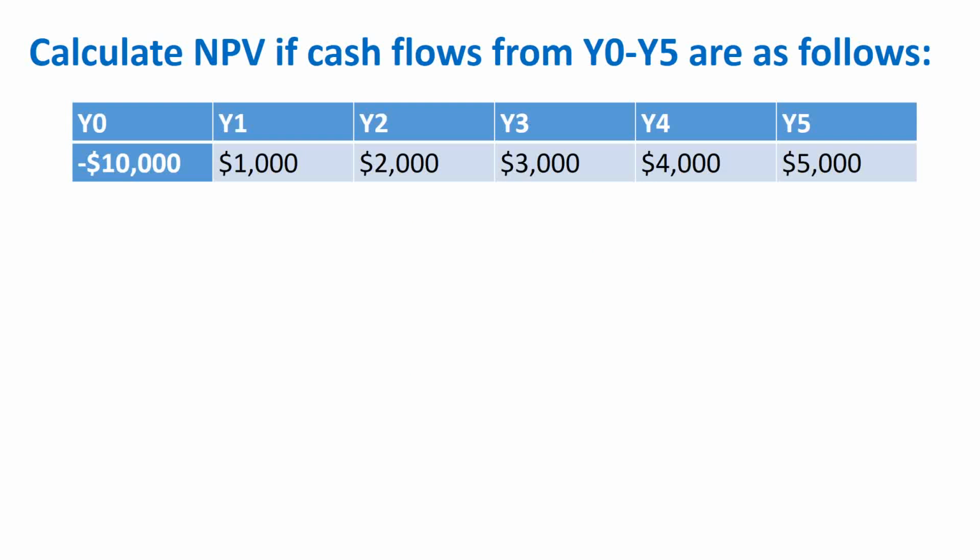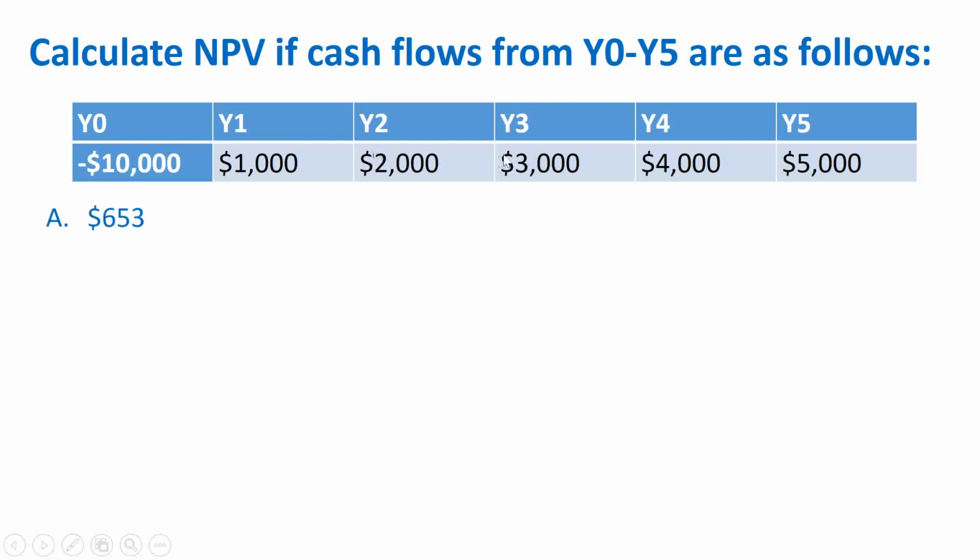Calculate NPV if cash flows from year 0 to year 5 are as follows. So you have to spend $10,000 upfront as a startup cost. Then first year business gives you this, and every year it's giving you $1,000 more. What's the NPV of this? Remember, you got to discount this to see if you surrender this, how much you will get.